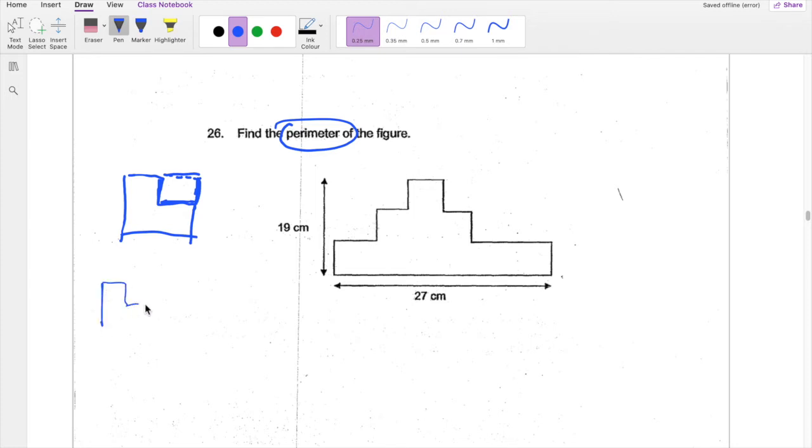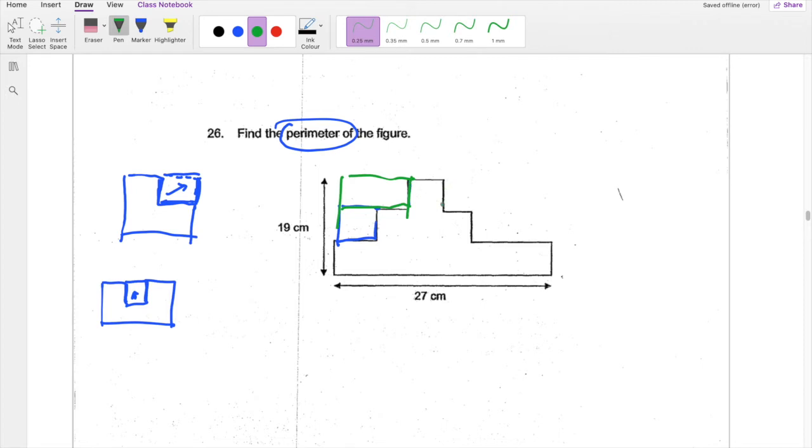Another shape is like this. If we pop this one up to here, the shape is equal to the rectangle shape plus 2 of this side, right? So based on this strategy, this one we can pop up to this one, and for these 2 sides, we can pop up to this side.